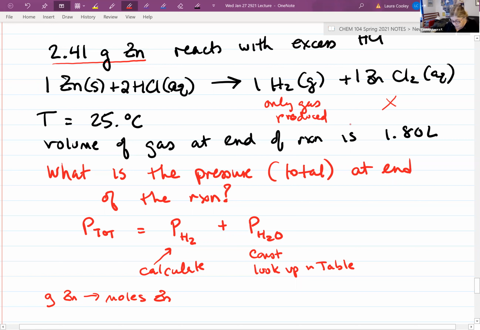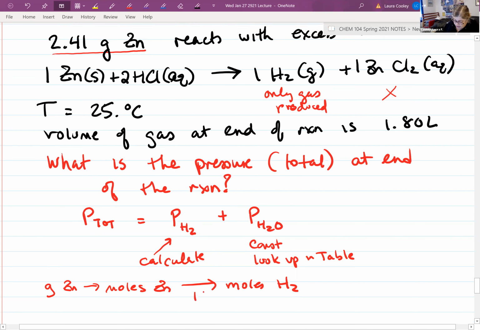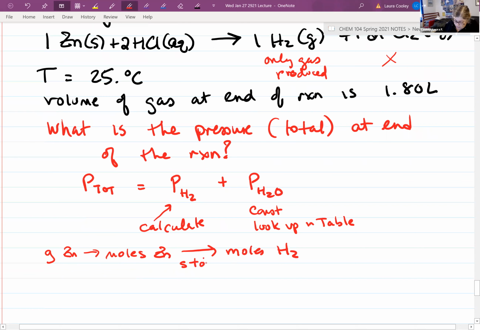So you don't want to bother calculating the moles of that. You want to calculate the moles of the H2, and you're going to use the stoichiometry to do this, the stoichiometric ratio, which is very conveniently 1 to 1. So the moles of zinc is going to be equal to the moles of H2. Once we get the moles of H2, then we're going to find the partial pressure of H2. And how are we going to do that?